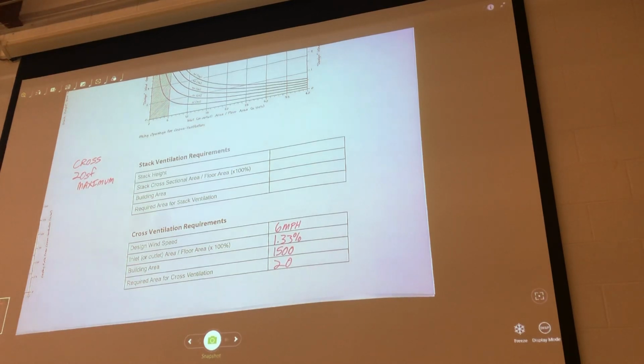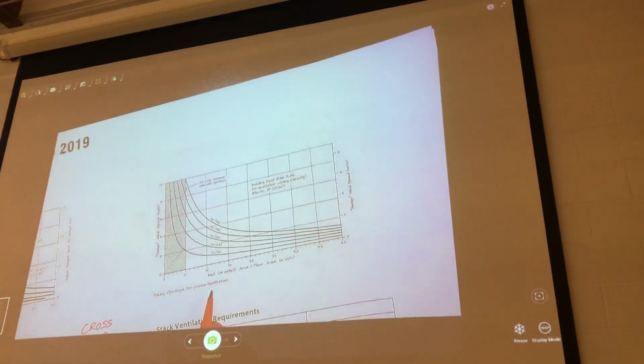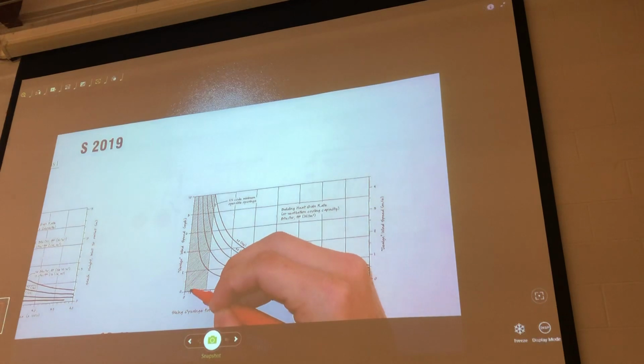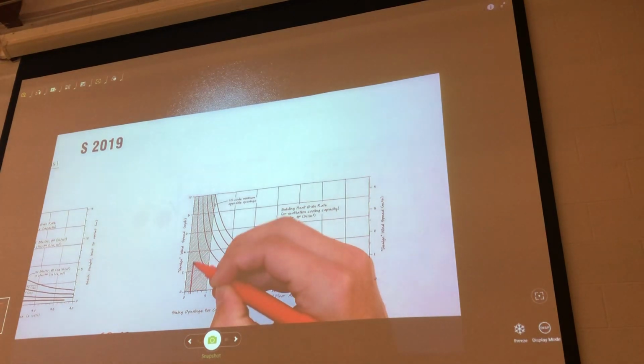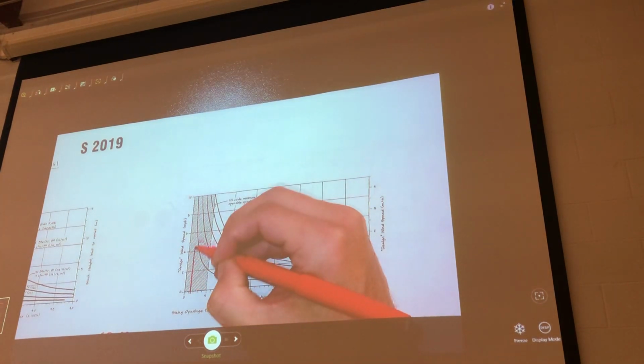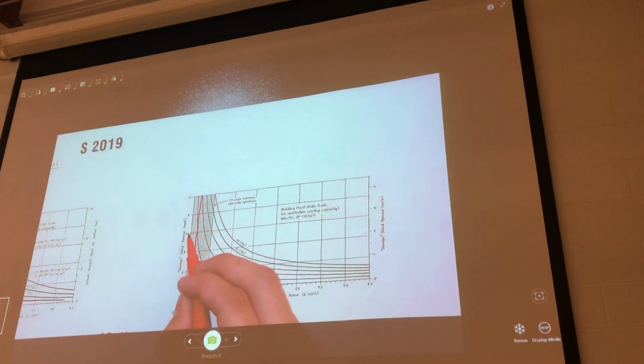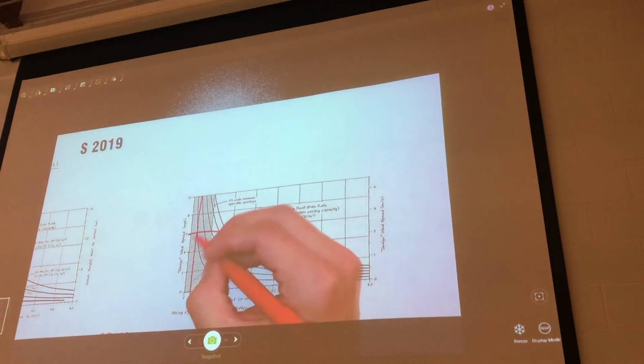Now let's find out how much heat that already gets rid of for us. So let's look at our cross ventilation. We've got 1.33%. We draw a line straight up. We draw a line at 6 miles per hour.